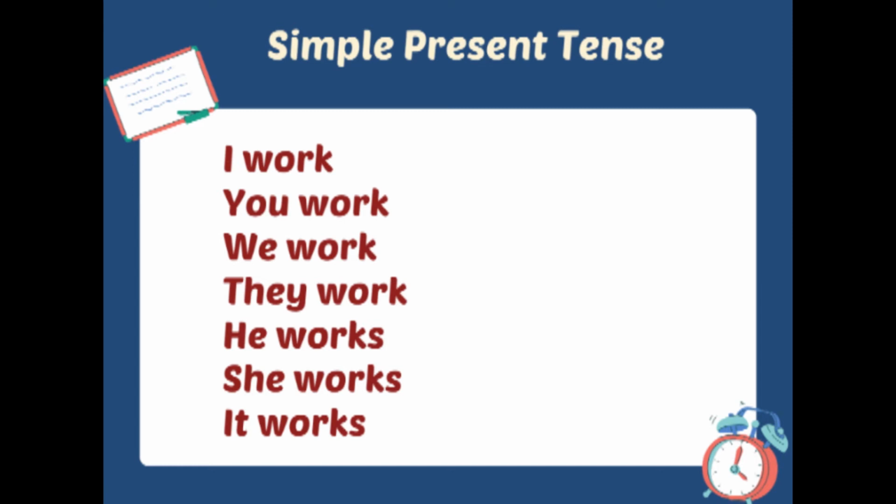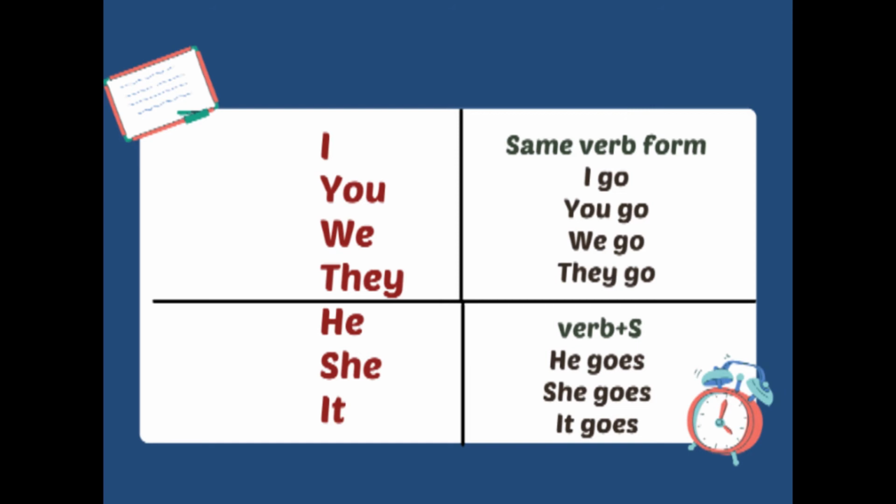That is the correct rule for the simple present tense for the third person singular. He works. She works. It works. Hope you understood the rules now. Simple thing, children. There is nothing complicated in this simple present tense. You have to remember that the subjects I, you, we, they will have the same way of using the verb.